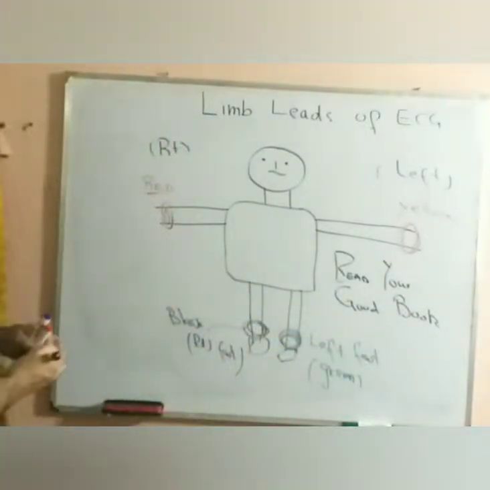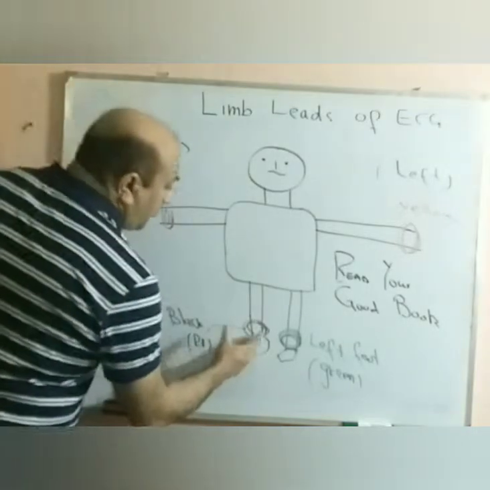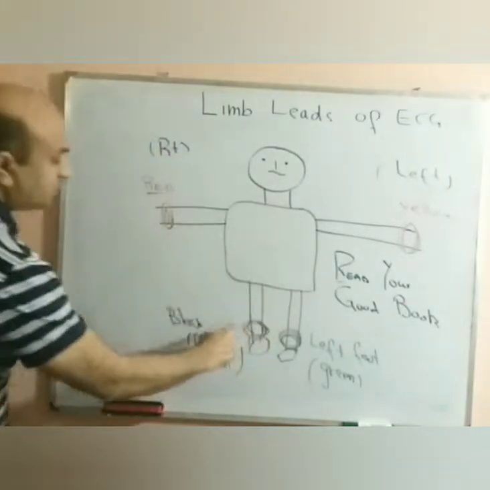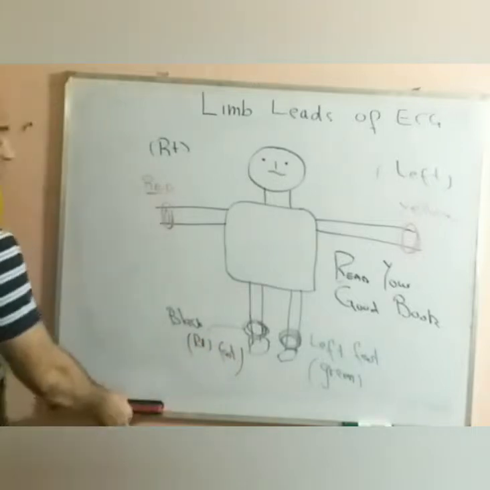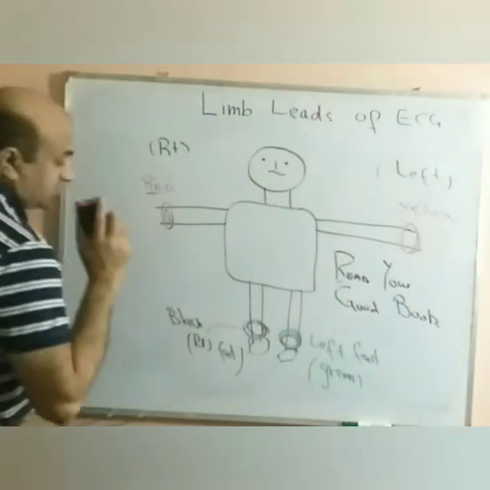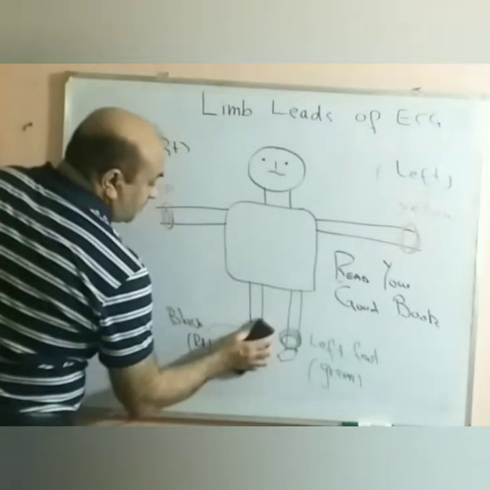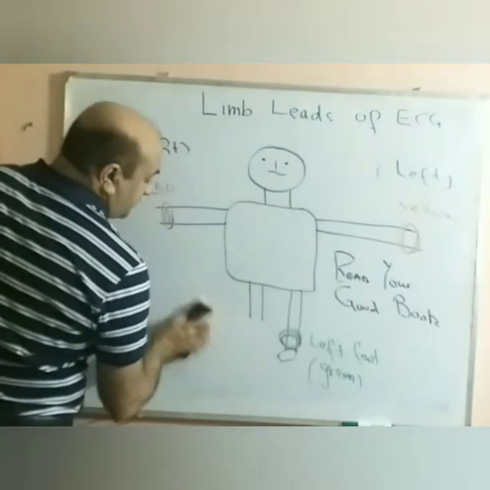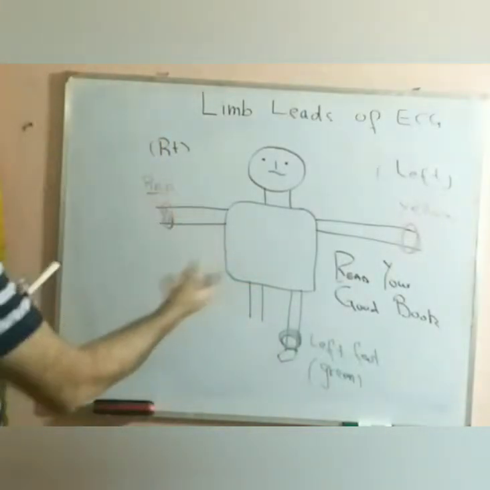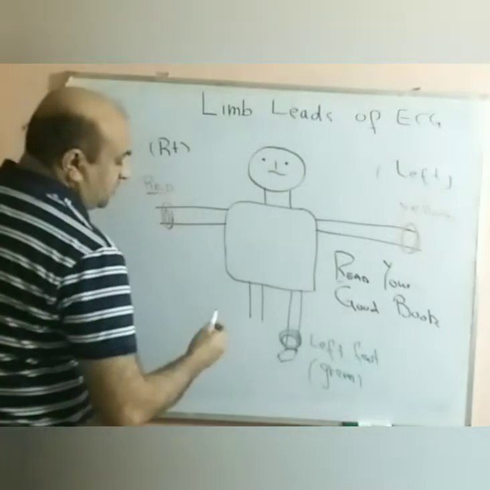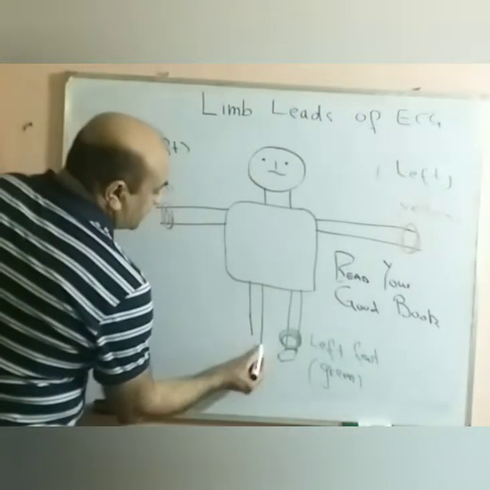And for practical purposes, this is taken off the picture because it's used for earth purposes. So let's for a minute take it off here, because it doesn't contribute to picking up the electrical activity. It is only used for ground purposes.